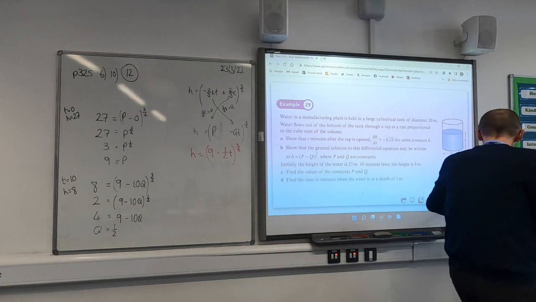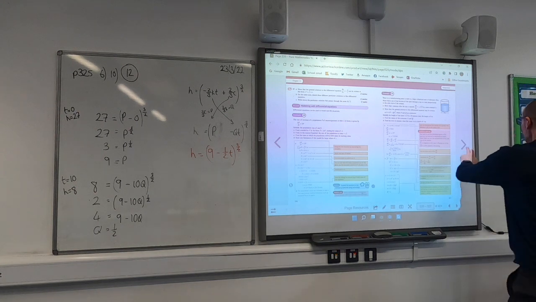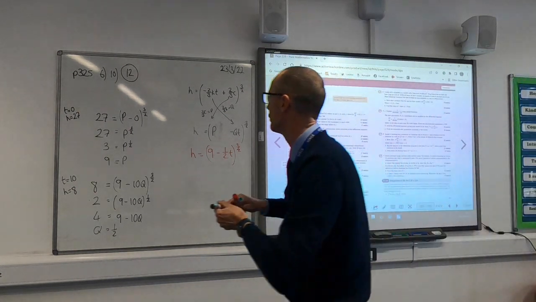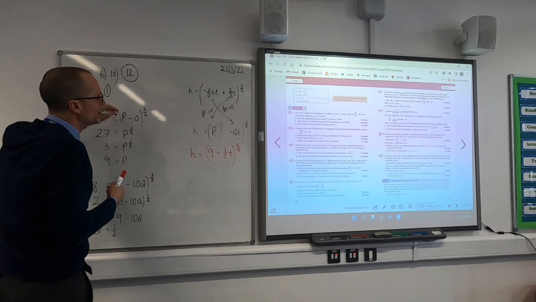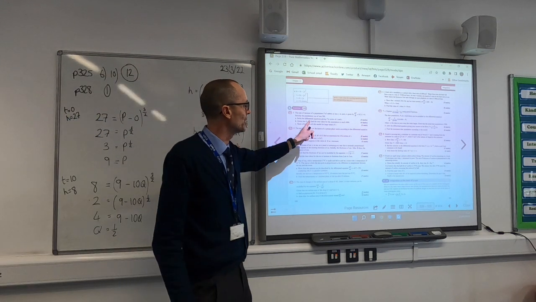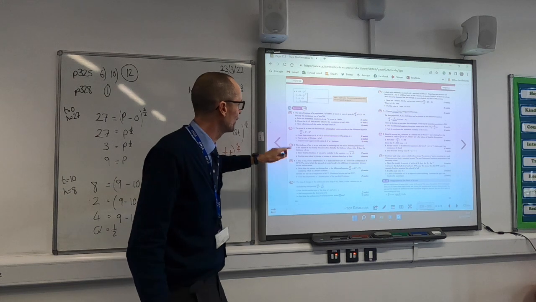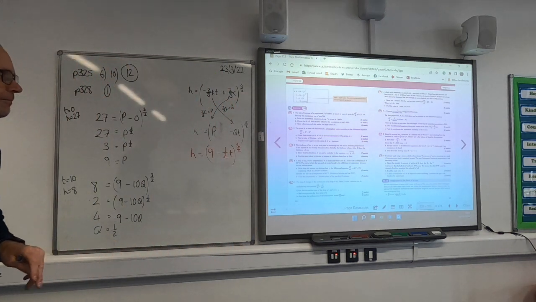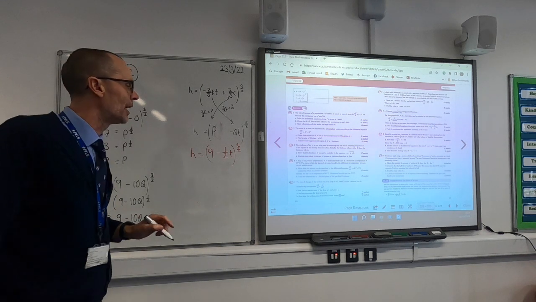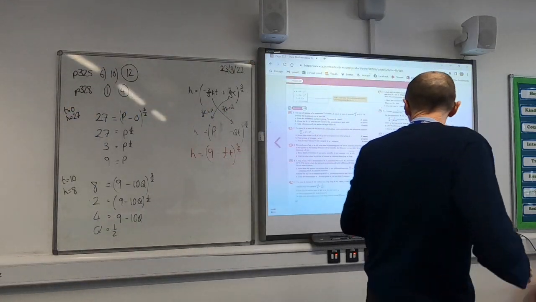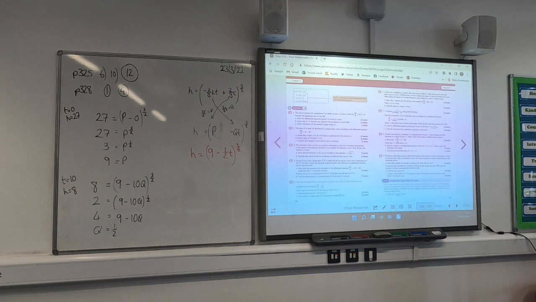So we are running short of time, so my recommendation is on page 328. Question 1 is a relatively straightforward question, a bit like the first of the 2 examples we did this lesson. And then question 4 is a bit more of a fiddly question. Don't get hung up on part A of question 4, you could have a go if you want.